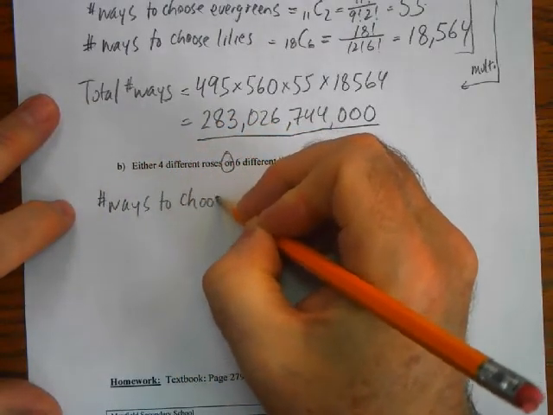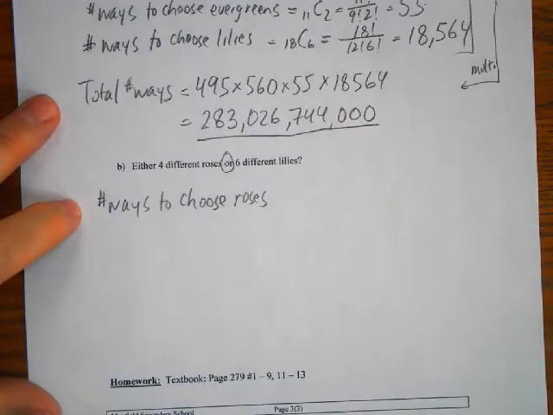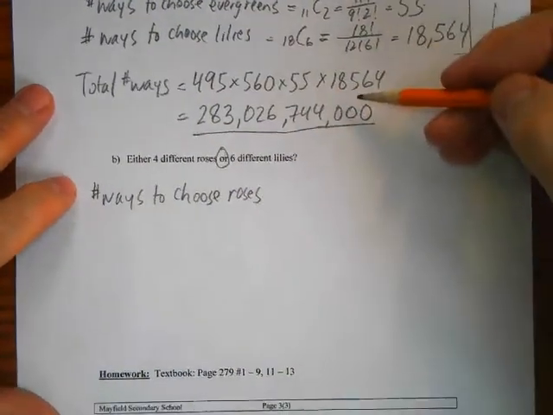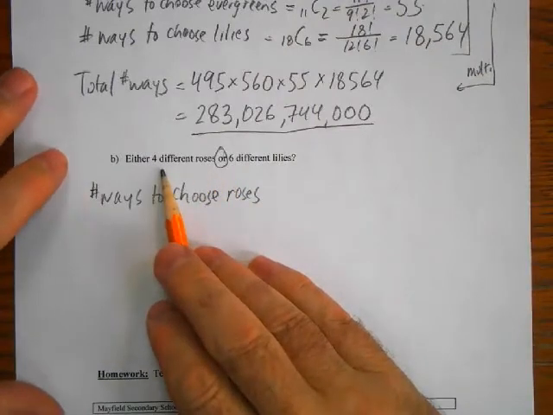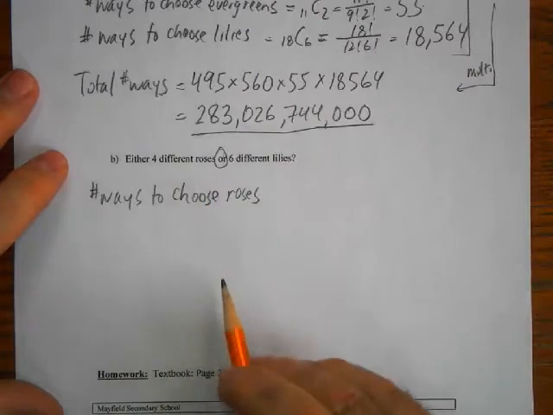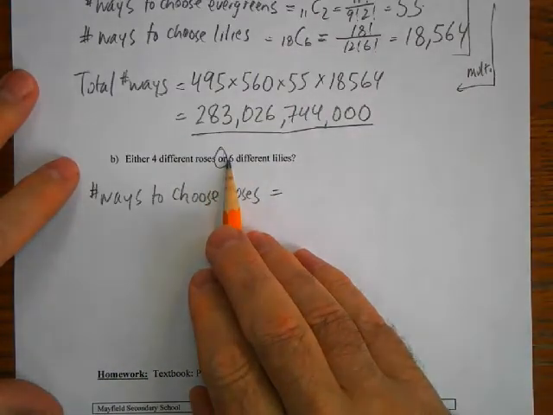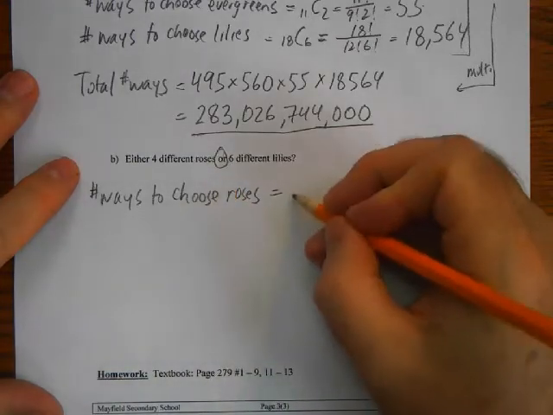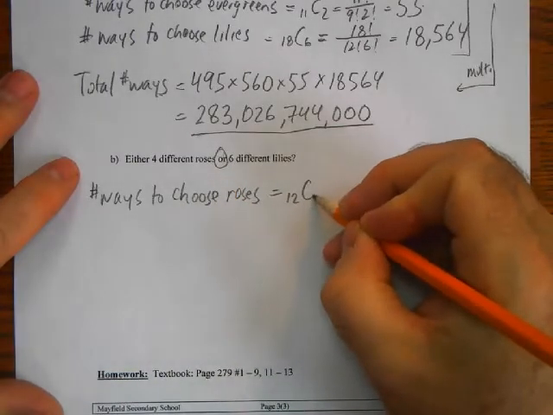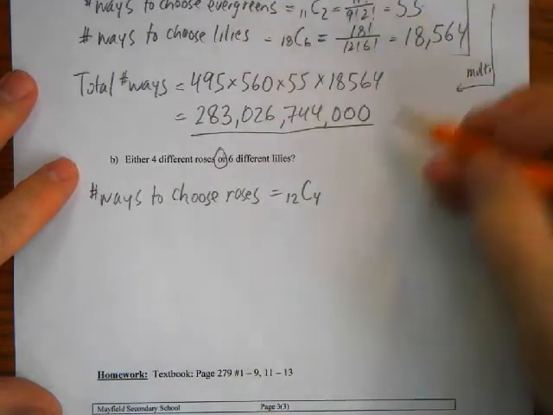The number of ways to choose the roses. It's not the same as the one above because we're actually choosing 4 roses. Actually, is it the same? Yeah, it is the same number. We had 12 roses to choose from, so 12 choose 4, and we already did that up here. 12 choose 4 is 495.